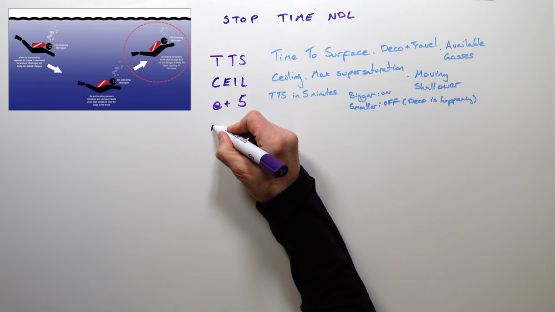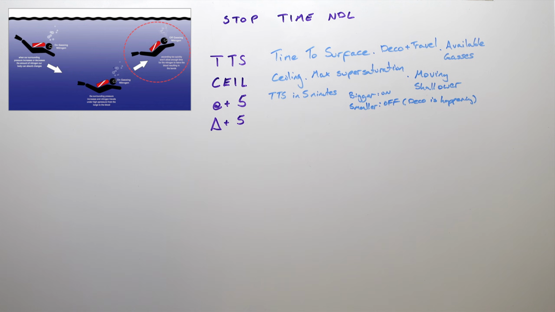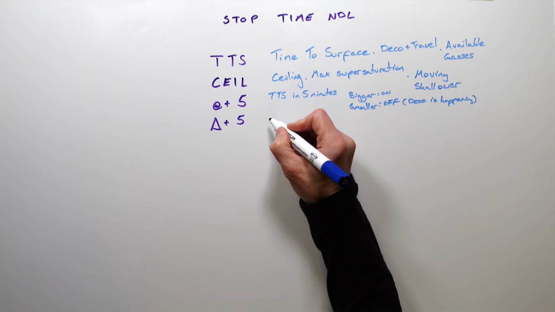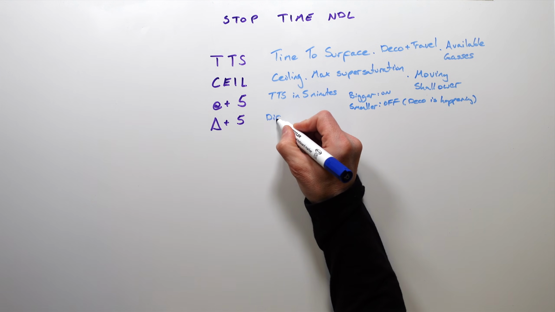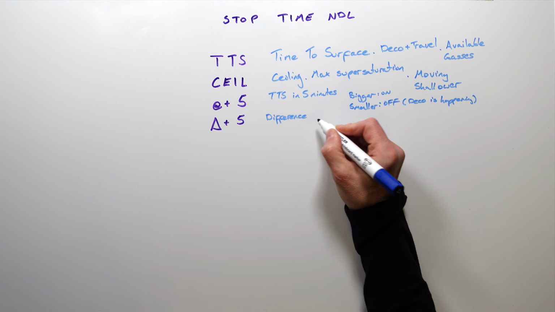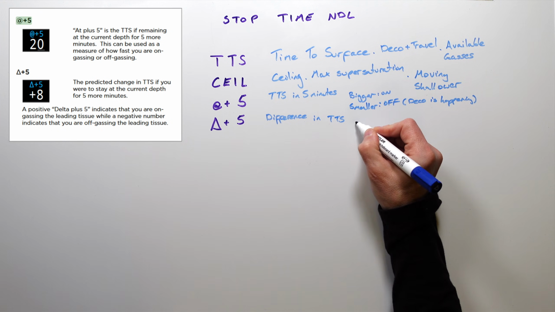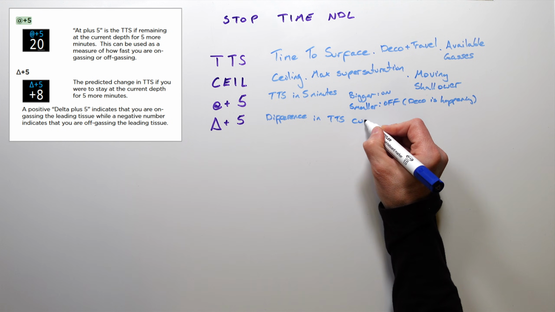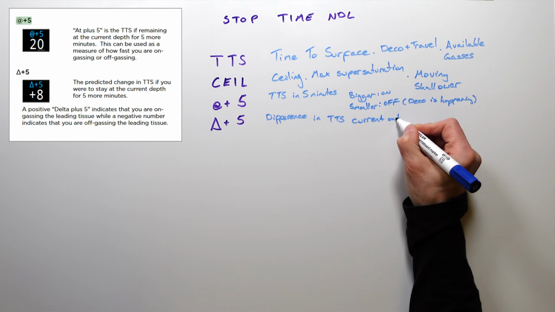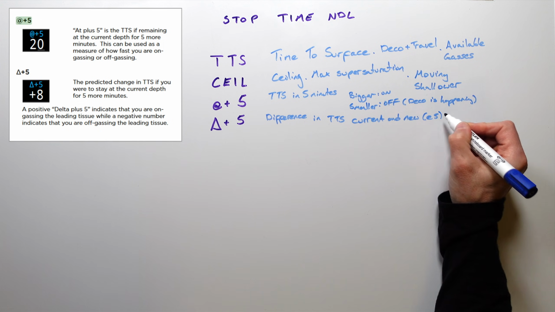The other display we talked about was the delta +5. And what that is, it's the difference in TTS between the current TTS and the new one that you got from the @+5.